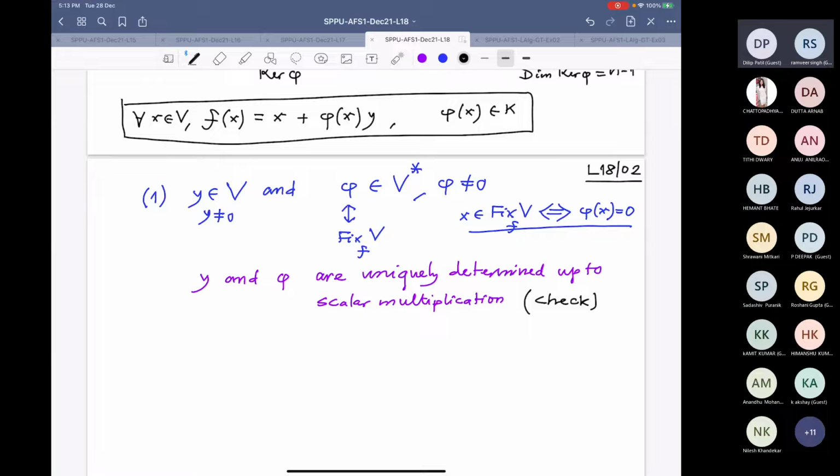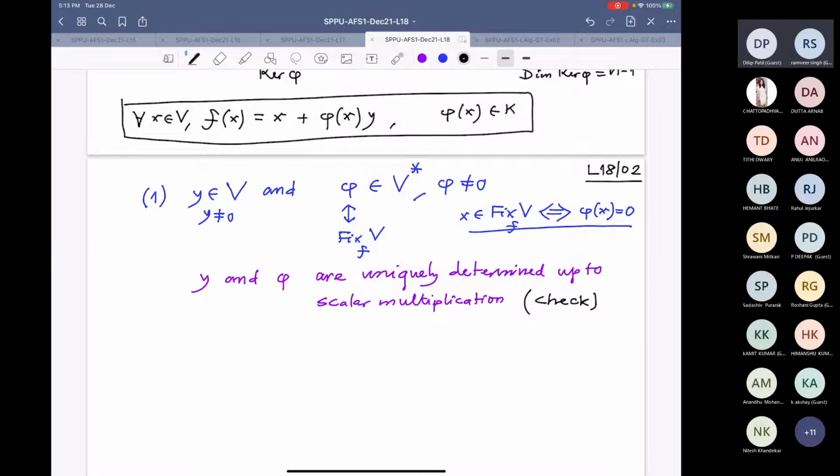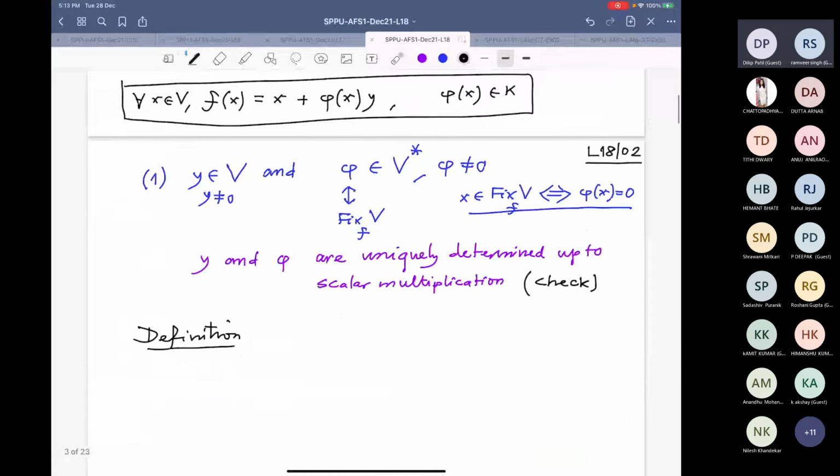All right, now comes a definition. Let F in GL(V) be a pseudo reflection.